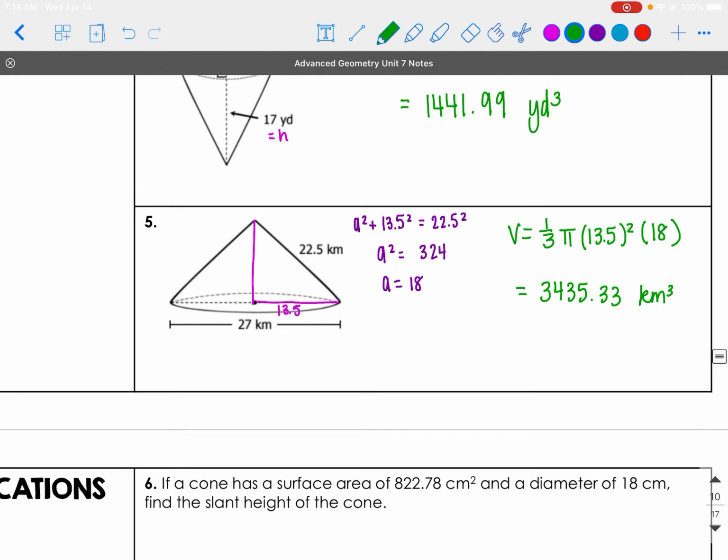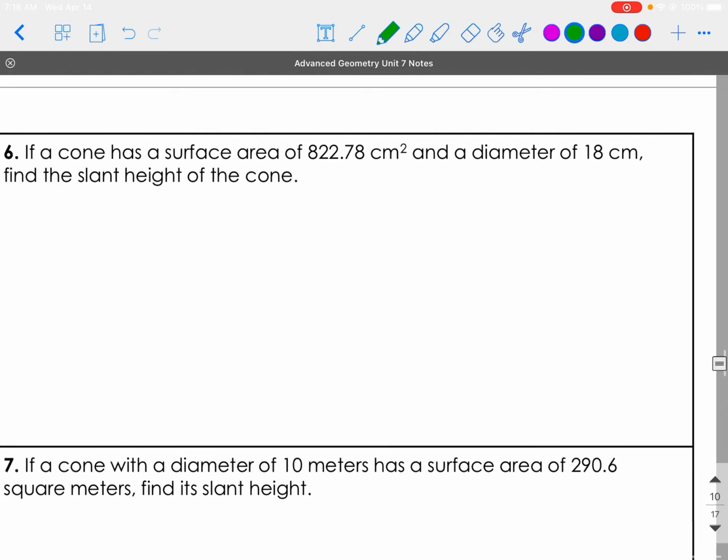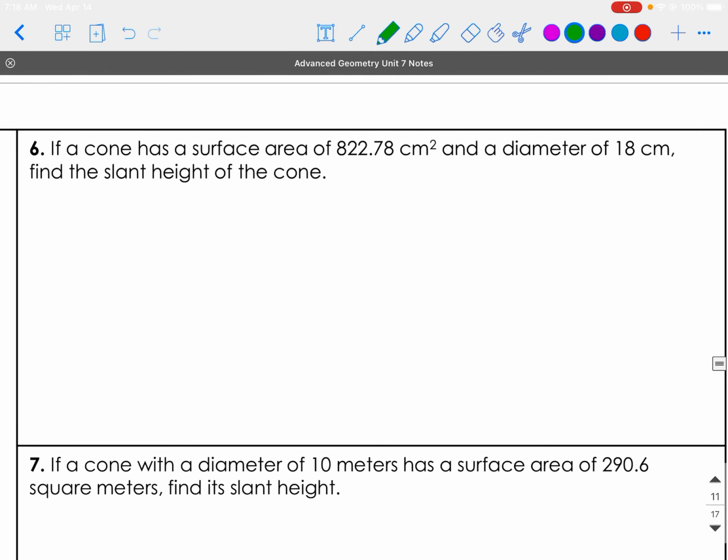All right, just a few more examples. A cone has a surface area of 822.78, a diameter of 18, which means the radius is 9, and we want to know what the slant height is. Just a reminder, the surface area formula is pi r L plus pi r squared, or pi r squared plus pi r L, either one.